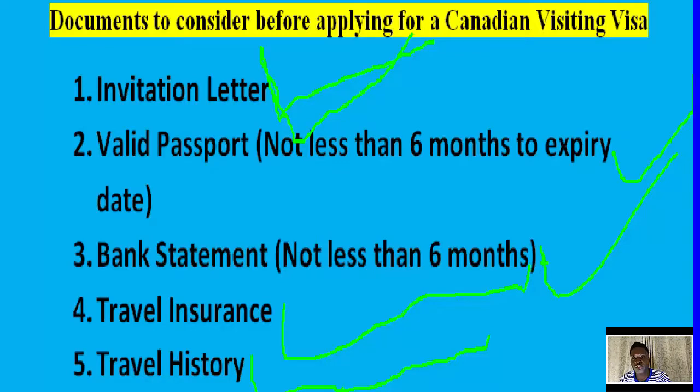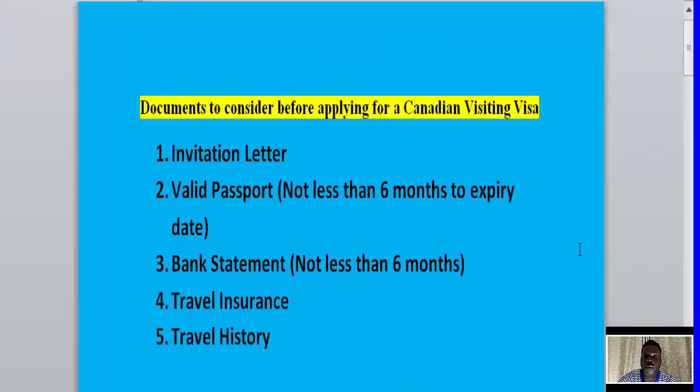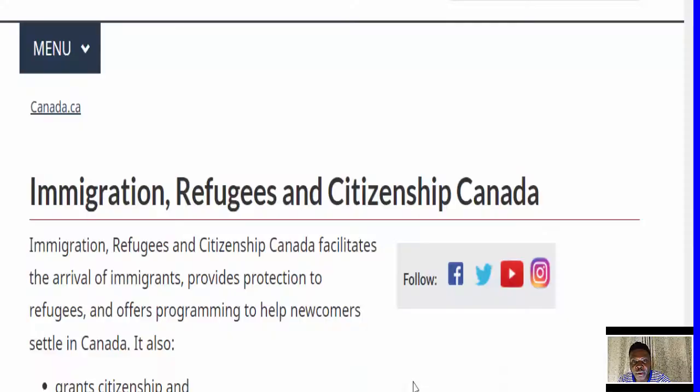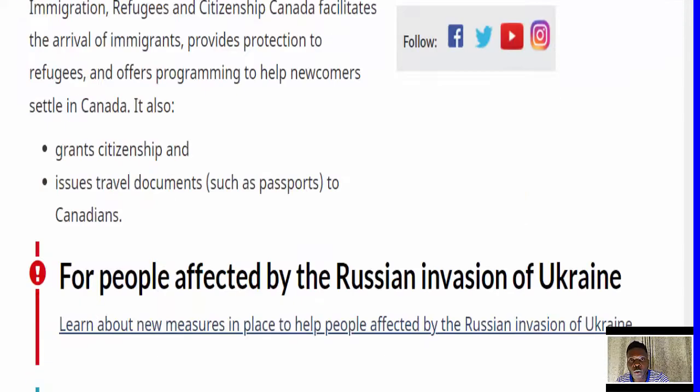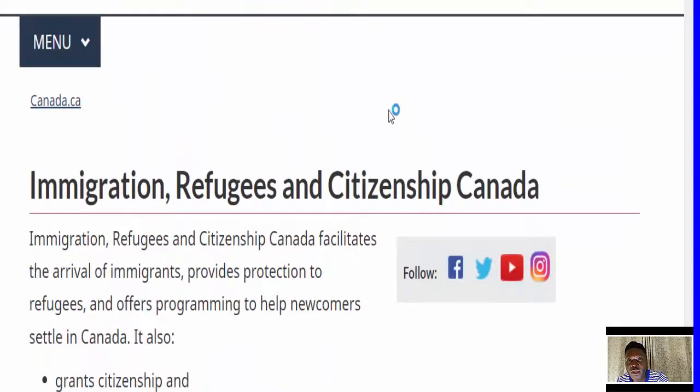So now let us go to the page here. Good. On this page, we have Immigration, Refugees, and Citizenship Canada. Now let's scroll down. When you get on this page, make sure you scroll down and come here, where you see services and information.